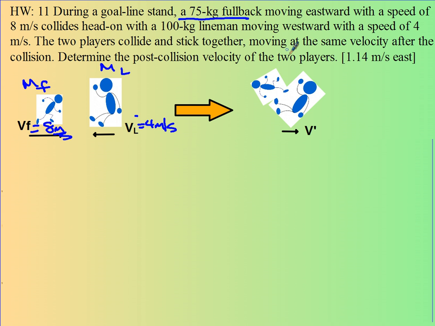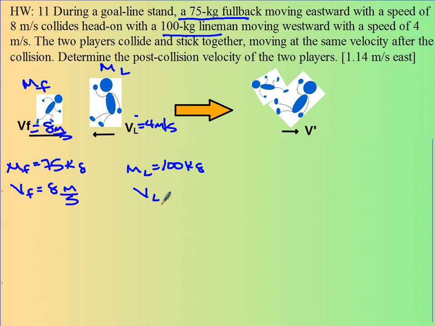And what direction? Okay. So, let's see. The mass of the fullback is 75 kilograms. And the initial velocity of the fullback is 8 meters per second. The mass of the lineman, he's 100 kilograms. And his velocity is negative 4 meters per second, and it's negative because he's moving backwards.